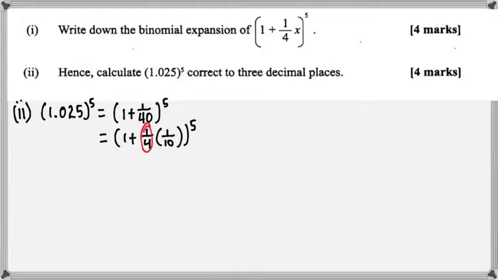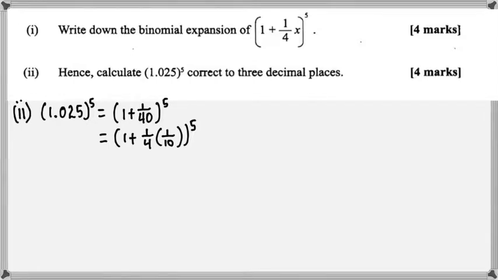We have the quarter, but the big difference between this and part 1 is that x is now 1 on 10. So to calculate this, wherever I had x in the expansion in part 1, I would replace x with 1 on 10.